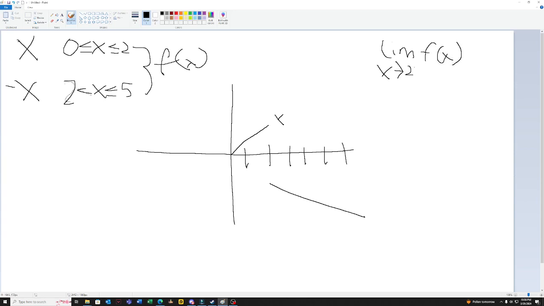Now, if we look, we can tell from the left, left being from negative infinity all the way to positive infinity, from the left, it approaches positive 2, right? But from the right, going this way, we see that it approaches negative 2.